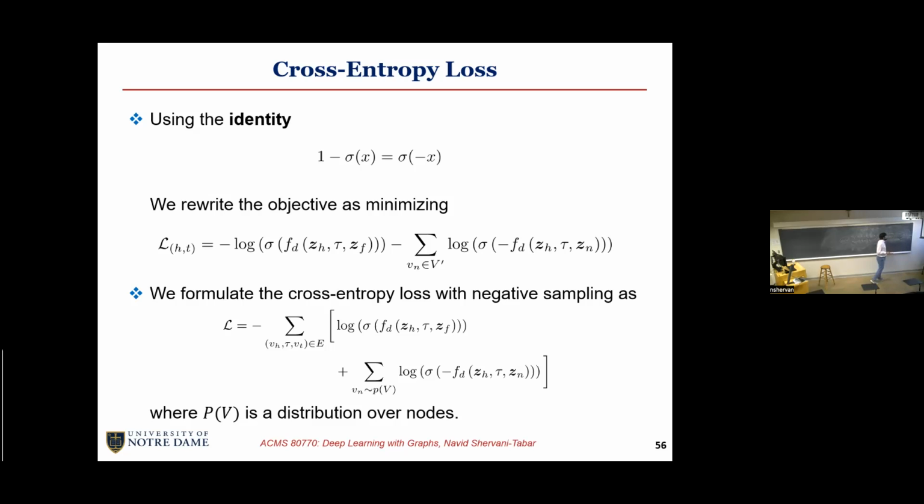So that's essentially it. And I can write this Vn as a node that is sampled from all the nodes that I have on the graph. So I can represent this using PV, where PV just means some distribution over the nodes of the graph.